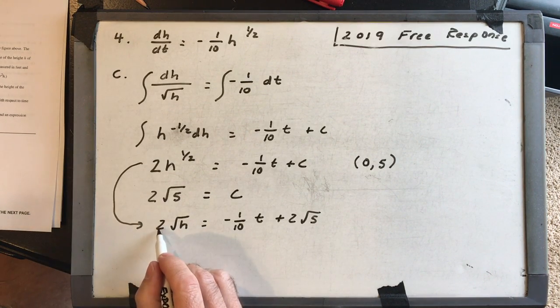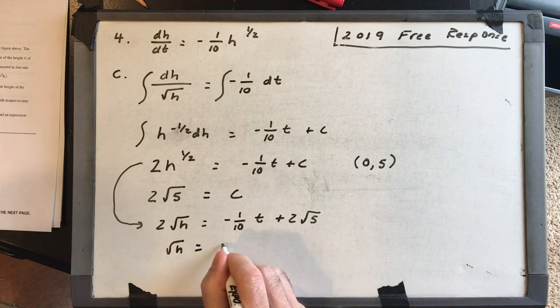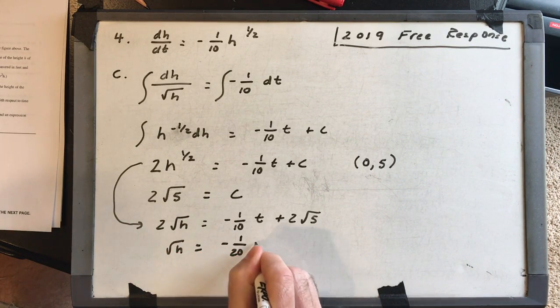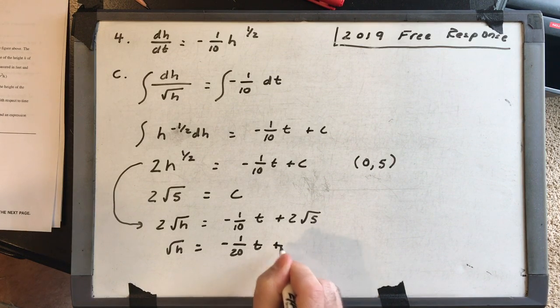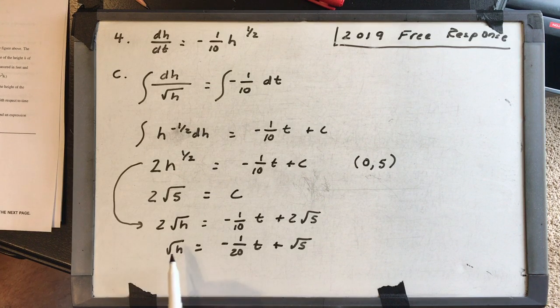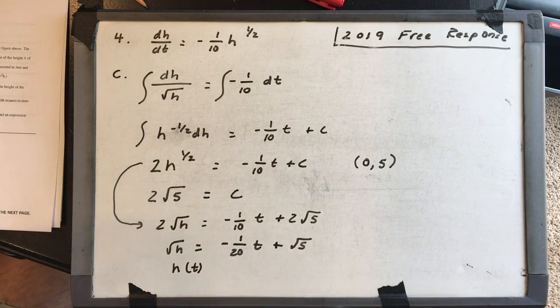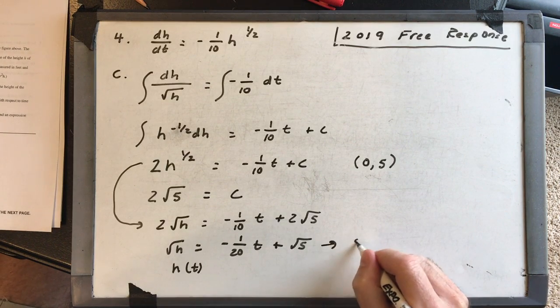Okay, let's divide both sides by 2, and just make it root h is equal to negative 1/20 t plus root 5, so the 2 goes away. Now, how would I get this to just be h of t? I'm going to square both sides.